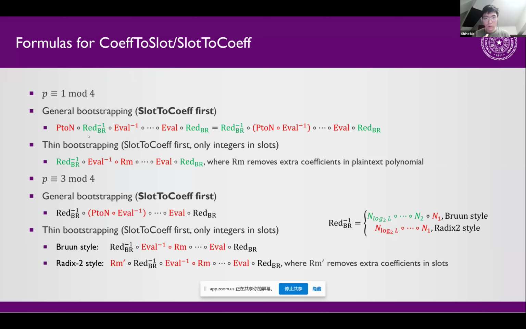Depending on our decomposition style, one or all of the matrices will be Z_p^r linear. So the computation will be more expensive here. And another slight difference is that in the radix-2 style decomposition in simple bootstrapping, we need an extra Rm prime transformation at last, again to remove extra coefficients in the slots.